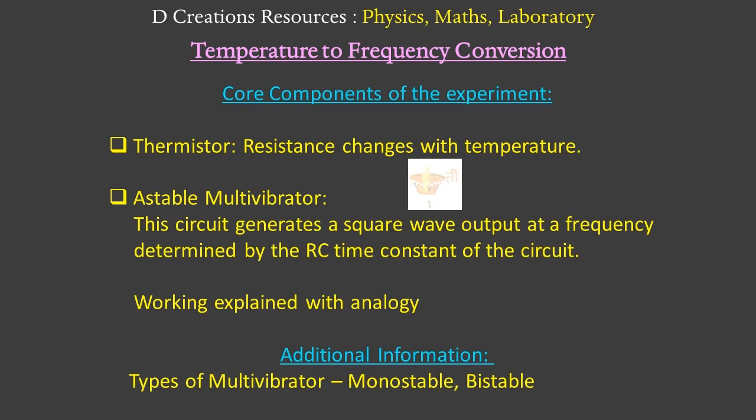This type has two stable states, and it requires an external trigger to switch between these two states, and it remains in each state indefinitely until triggered again. So the difference here is, in the case of monostable multivibrators, since there is only one stable and one unstable state, it requires an external trigger to switch to the unstable state.